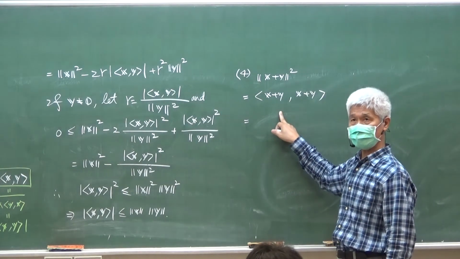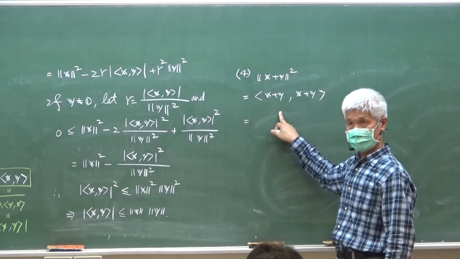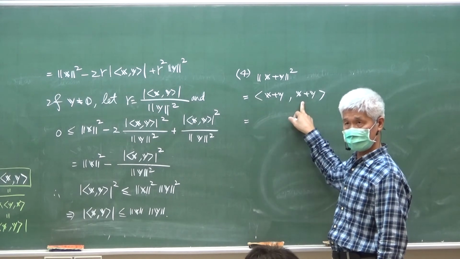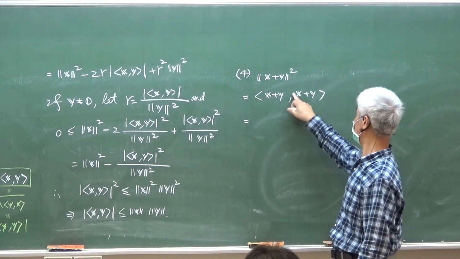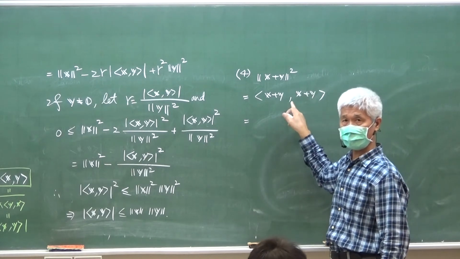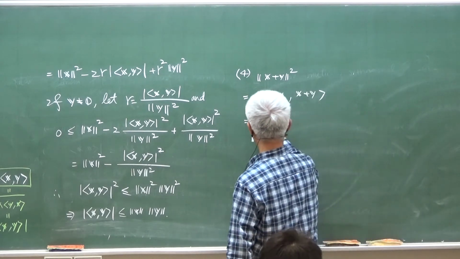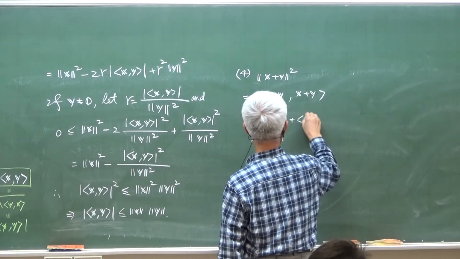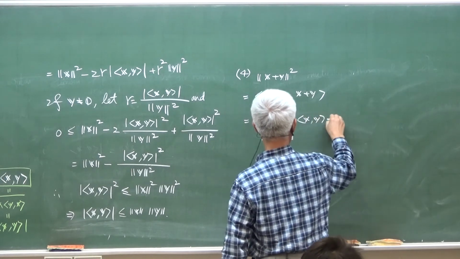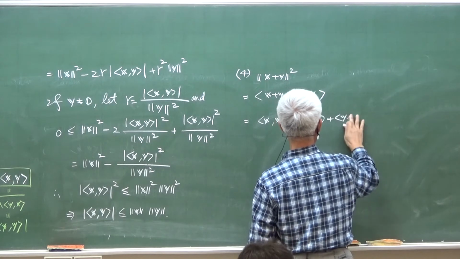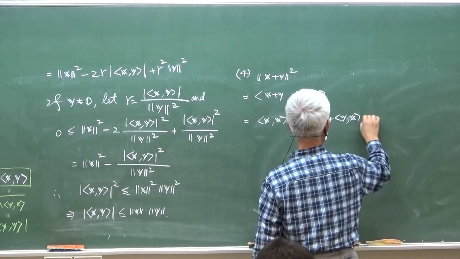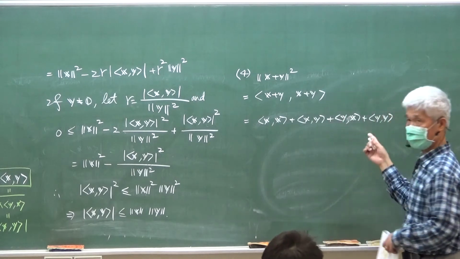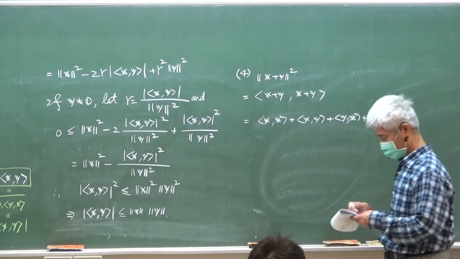And then we apply the linearity on the first argument and the conjugate linearity on the second argument. Unfortunately, the coefficients are real numbers because they are all ones. So we have x... okay, so this is by linearity.